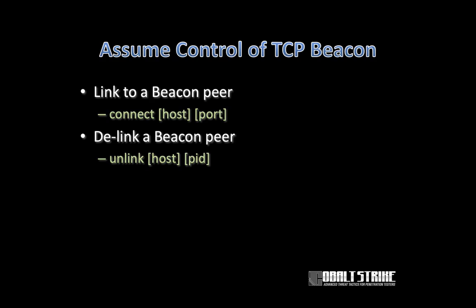And to disconnect from a TCP beacon, use the unlink command. One other thing to point out is that the TCP beacon is, again, very similar to the SMB beacon. When you disconnect from it, the TCP beacon then goes into a state where another beacon can connect to it later, or I should say another session.